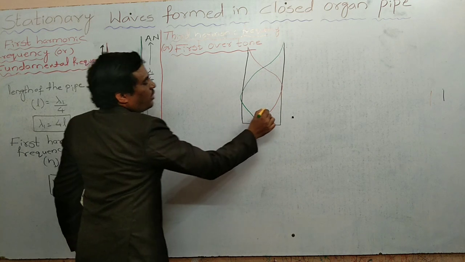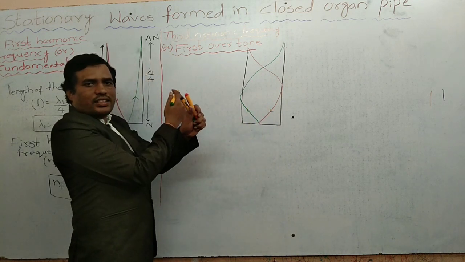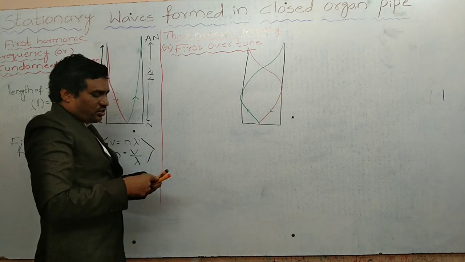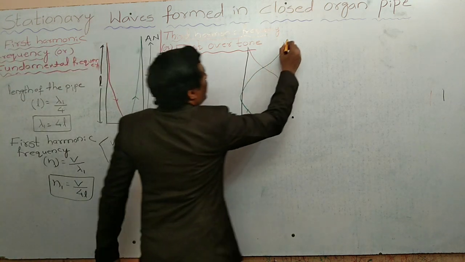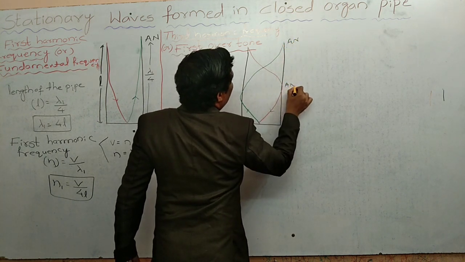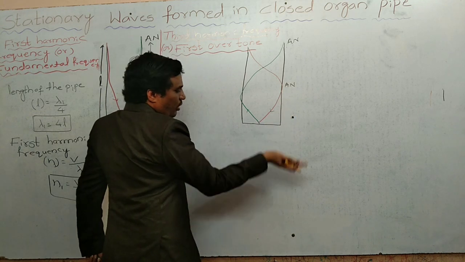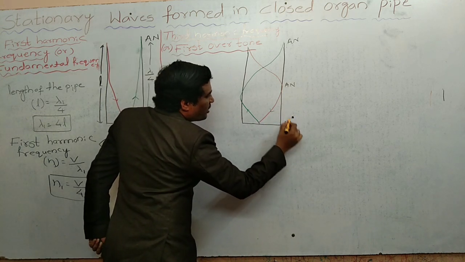These two waves superimpose and produce a stationary wave. So it is an antinode, and here also an antinode. Now we don't have any further antinode, so we should stop at a node.